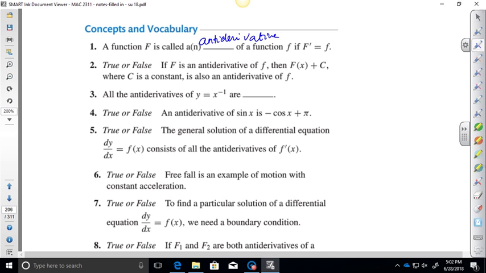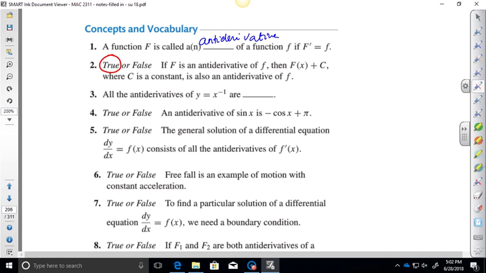True or false? If F is an antiderivative, then F of x plus C is also an antiderivative. That's true. Plus C with a specific C, yes.